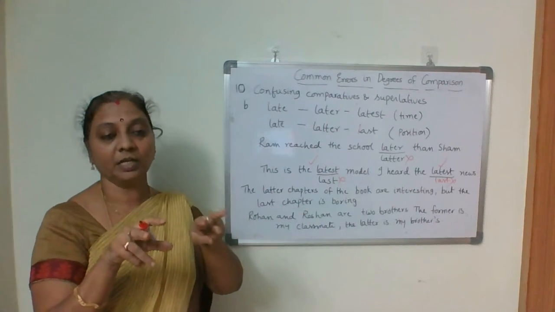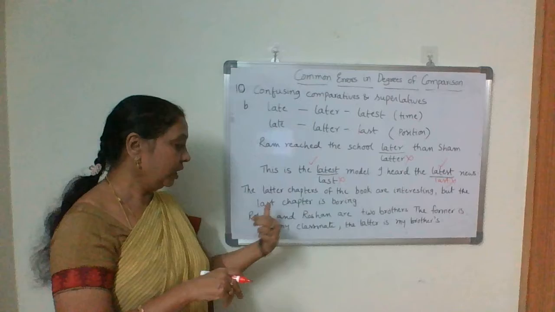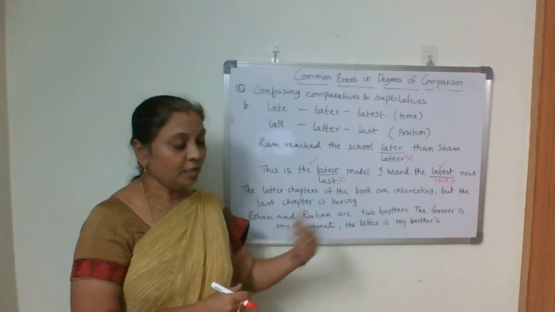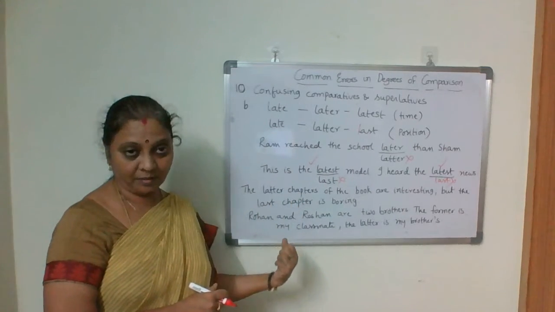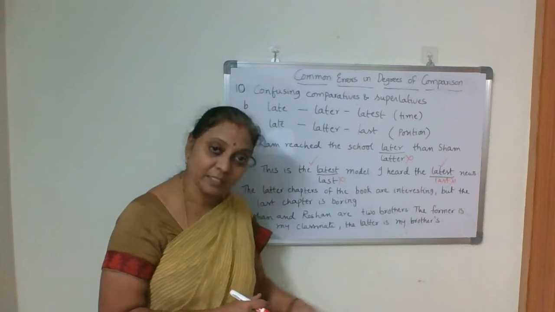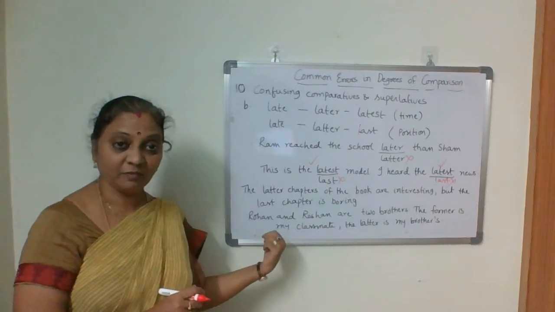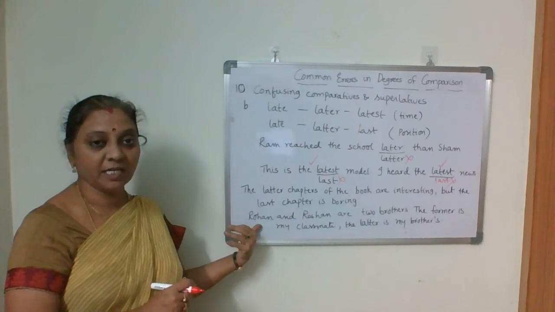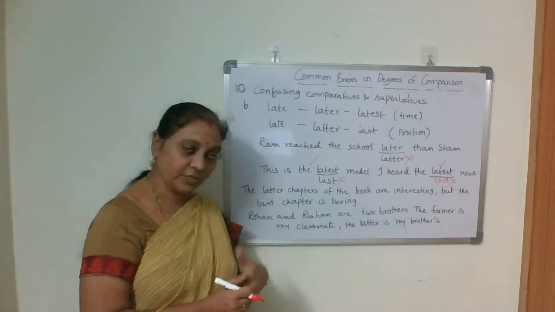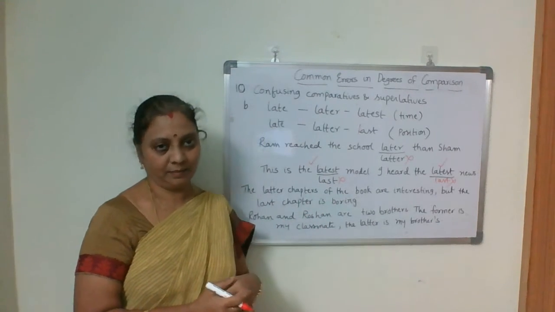Okay, and you are talking about two people. Rohan and Roshan are two brothers. The former is my classmate, the latter is my brother's classmate. Okay, the former means the first one, Rohan is my classmate, and Roshan is my brother's classmate.